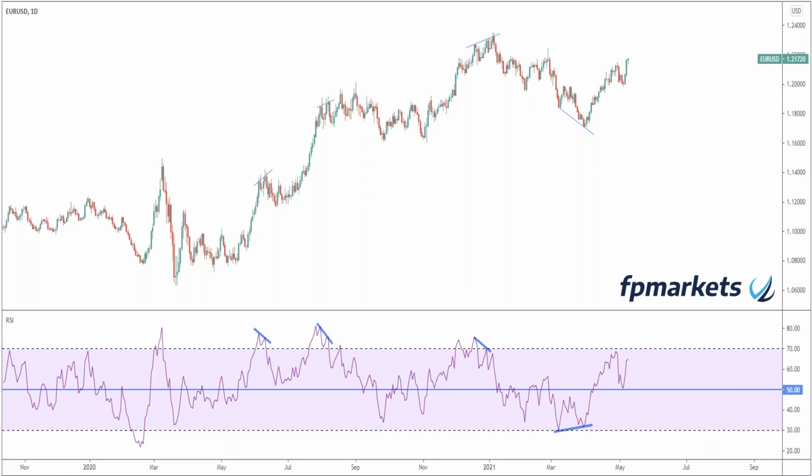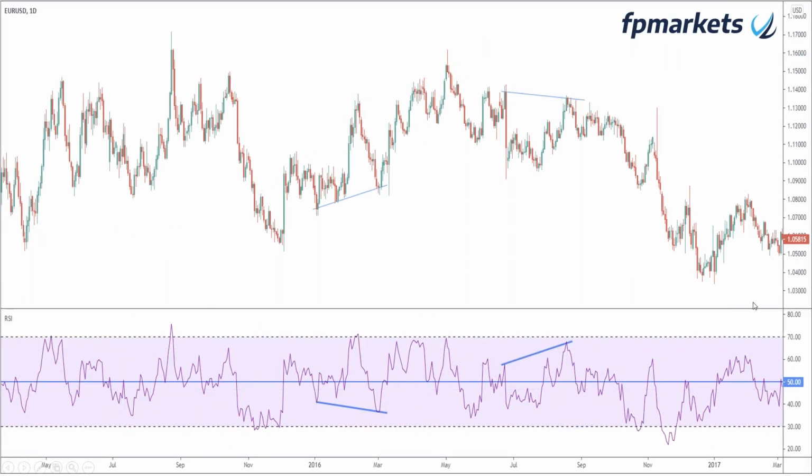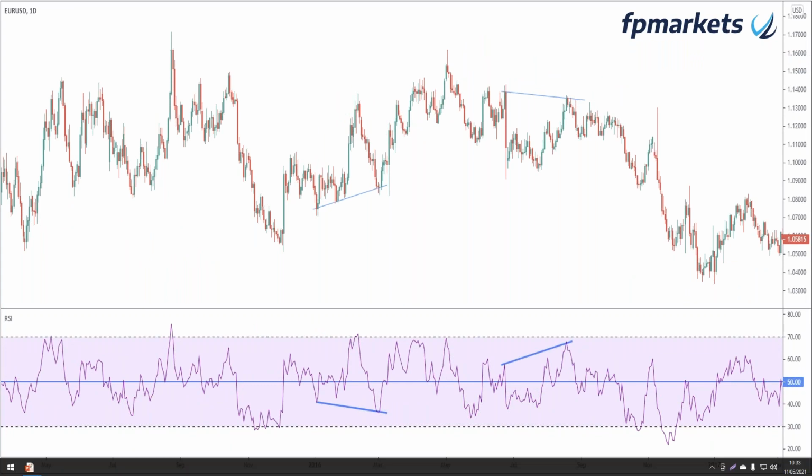And just to round off, let me click over to another chart, the euro-dollar daily time frame, except this time with hidden bullish and bearish divergence. Hidden divergences are sometimes difficult, in my experience anyway, to find within overbought and oversold regions, but in this case they did form what you would call trend continuation signals.